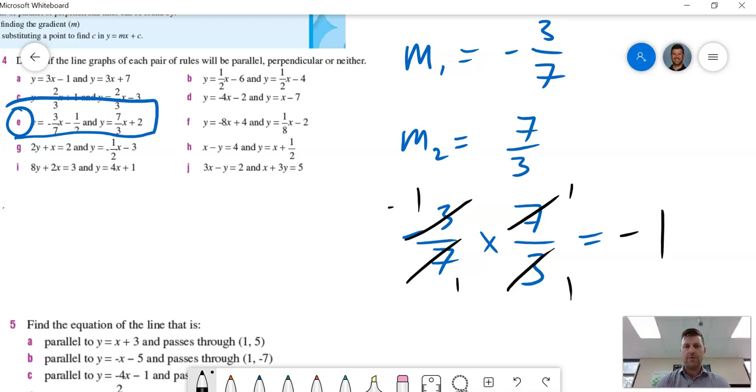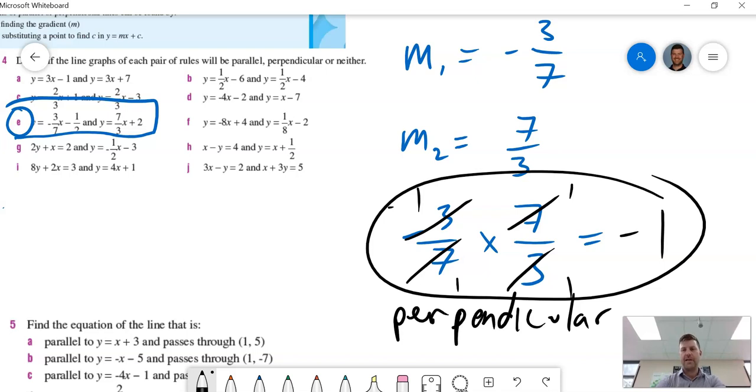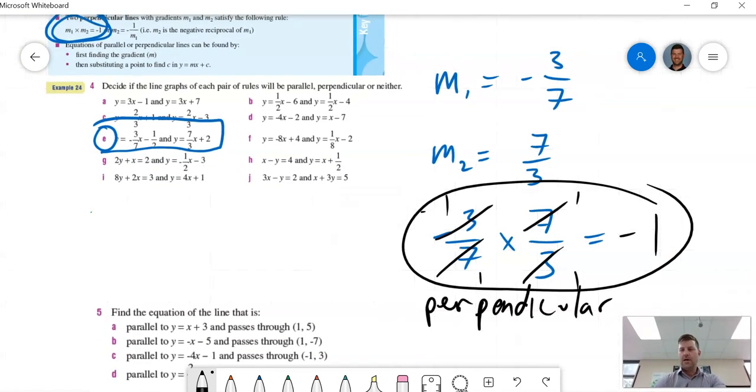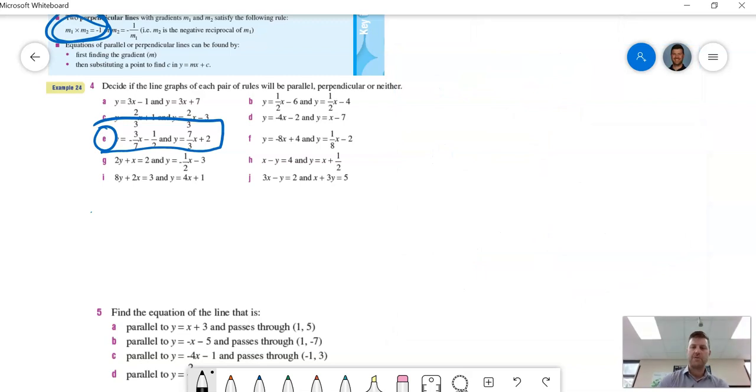Therefore the gradients of those two lines are perpendicular. I'm happy for you to do that on a calculator if you need to. It's a nice, quick, easy way of doing it. Hopefully that makes sense: if they multiply together to equal -1, they're perpendicular. If they're the same, they're parallel.